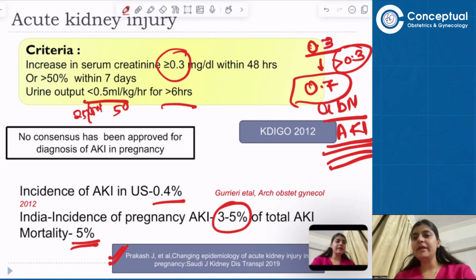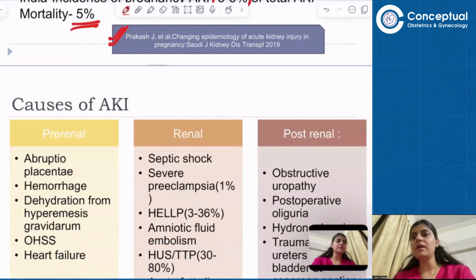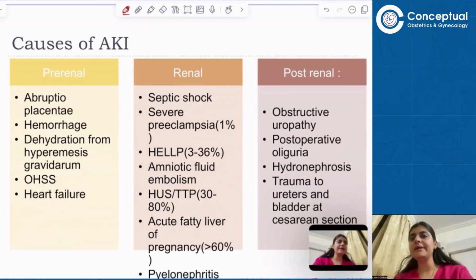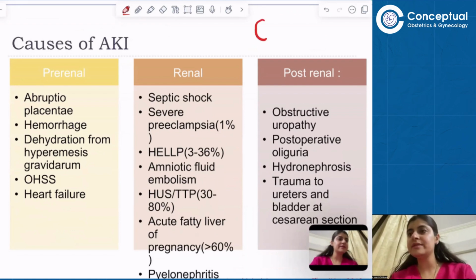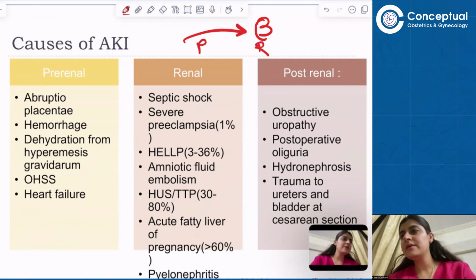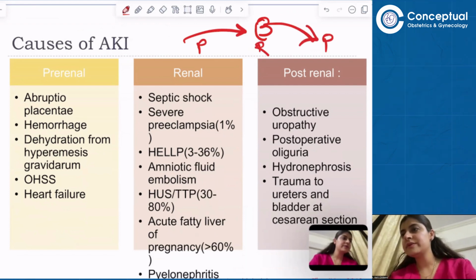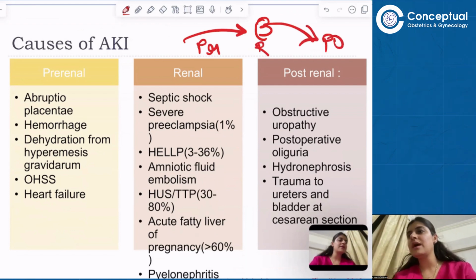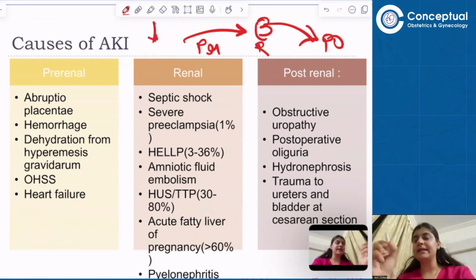Mortality is nearly 5%. Coming to the causes of AKI, they can be pre-renal, renal, and post-renal. So if this is your kidney, I know it looks bad, pre-renal, renal and post-renal. Pre-renal causes: we all know anything that causes decrease in blood supply to the kidney, which is happening in the systemic part of the body.